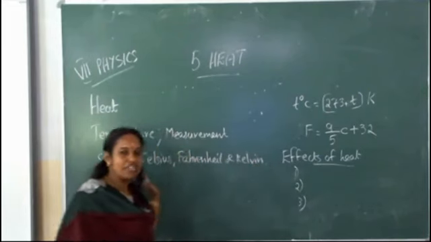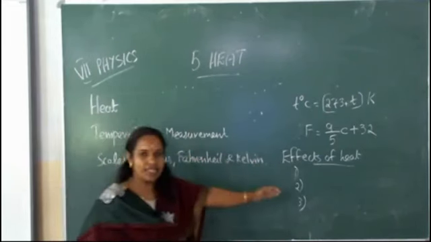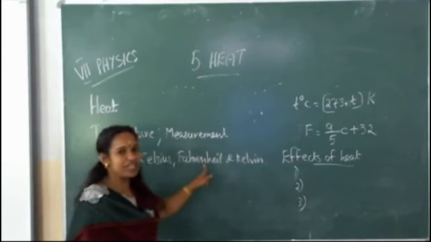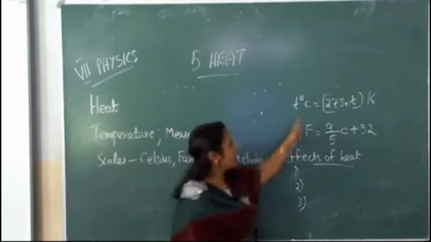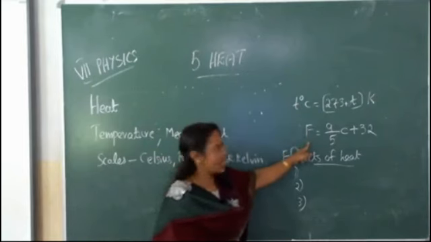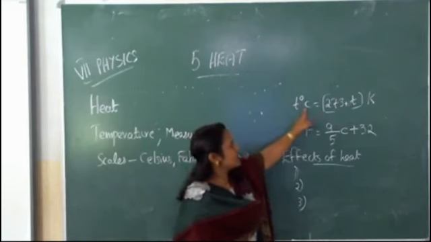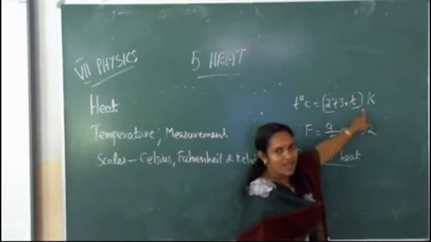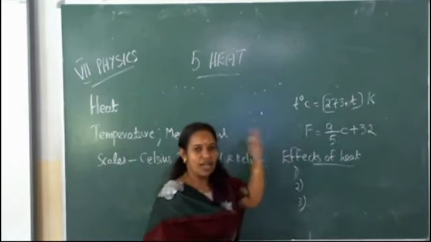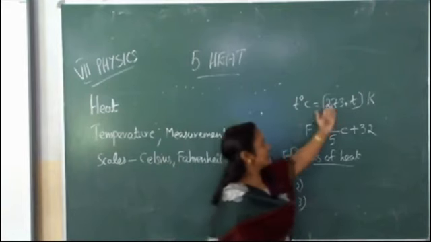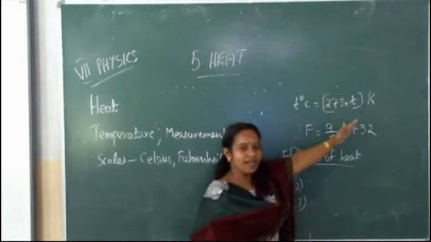There are 100 divisions in Celsius and Kelvin scales, but 180 divisions in the Fahrenheit scale. These are the relations between different scales. The relation between Celsius scale and Kelvin scale temperatures: T degrees Celsius, where T may be 50 or 100 or any temperature, just add 273 to that temperature.